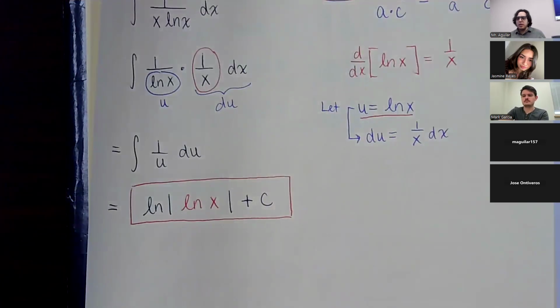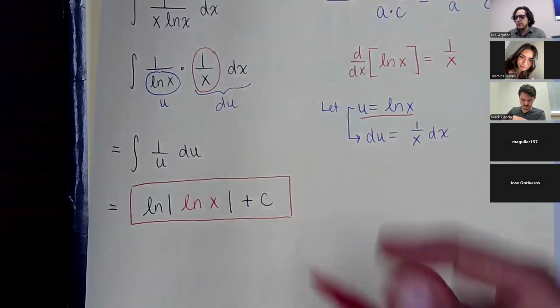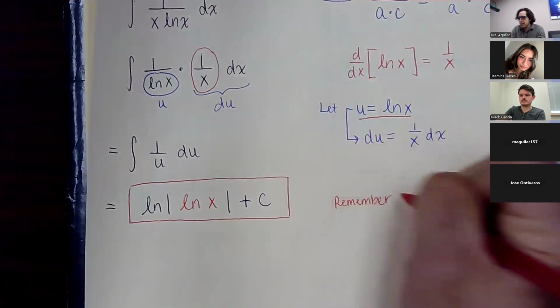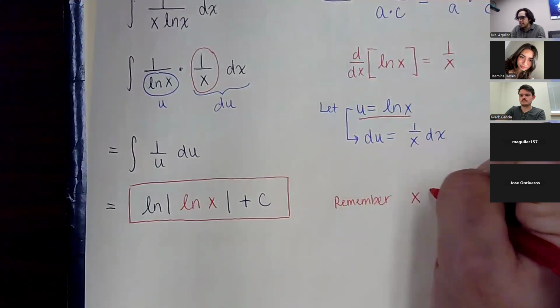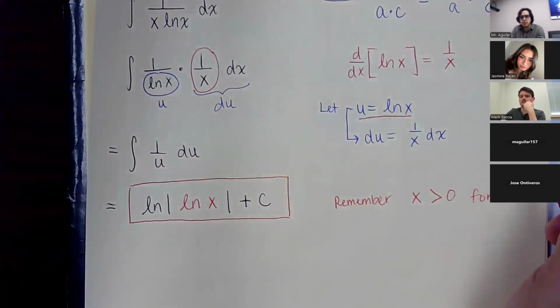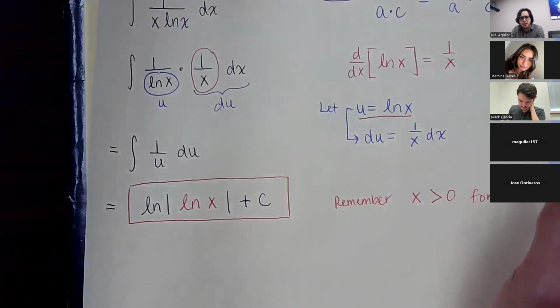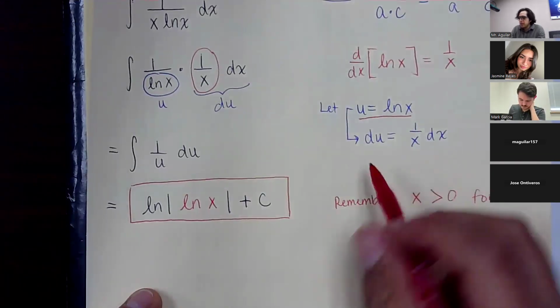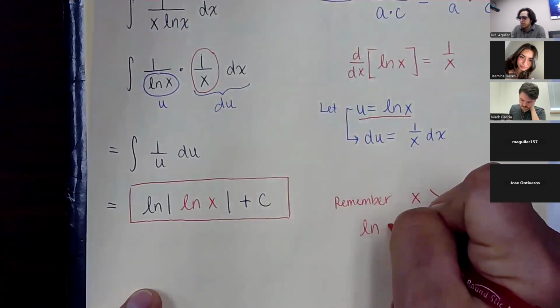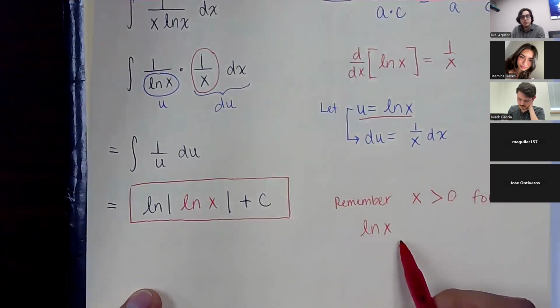Now, there might be some trickiness here when it comes to WebAssign, and that is you just need to remember that the x inside of your logarithms needs to be greater than 0.